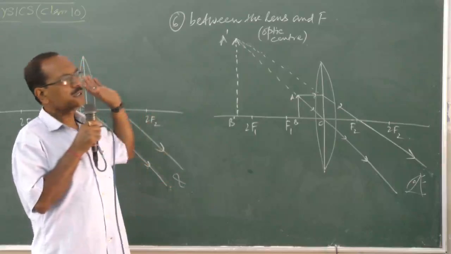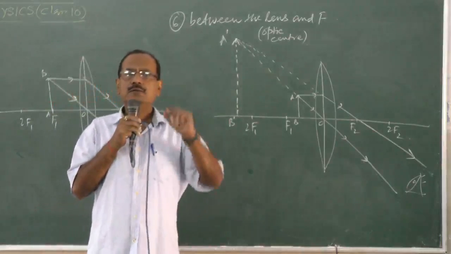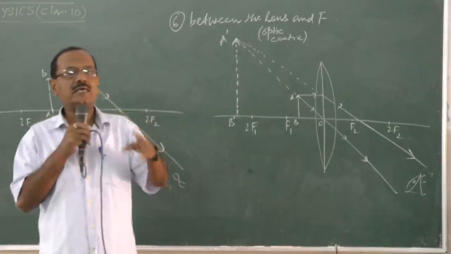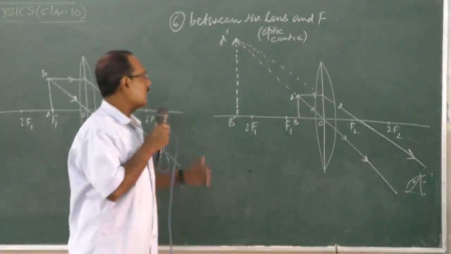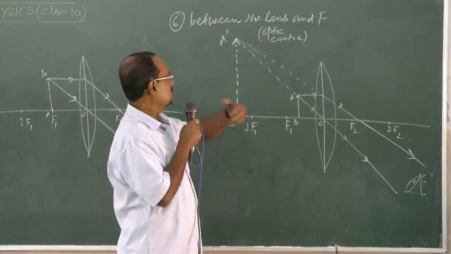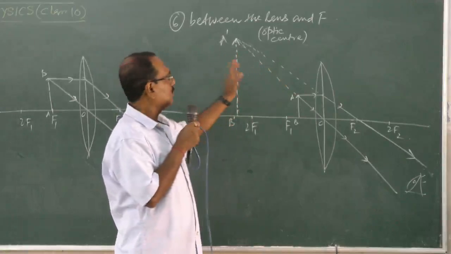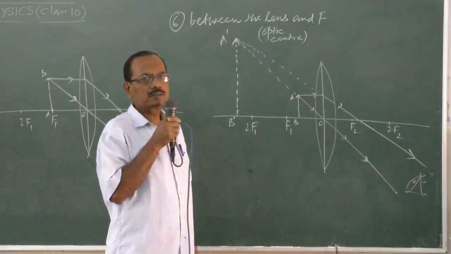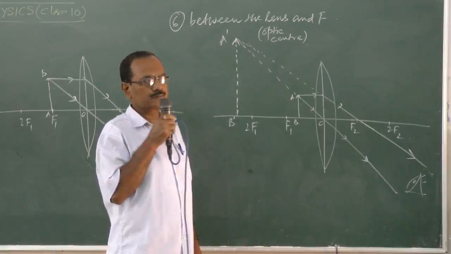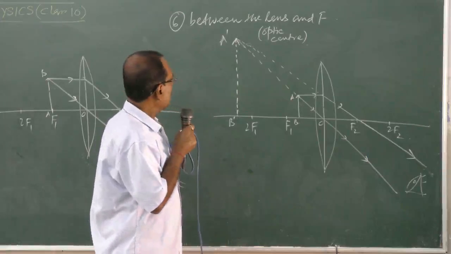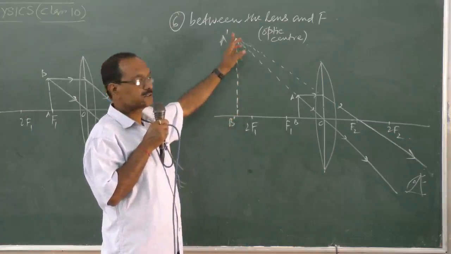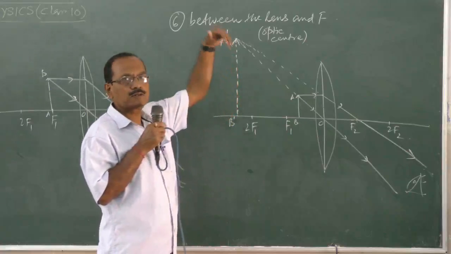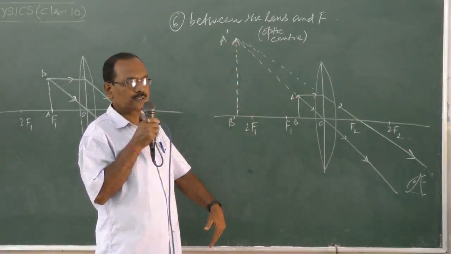So real images and real rays will be marked by continuous line, whereas virtual rays or imaginary images will all be marked by dotted line, broken line. Keep in mind. Now, an arrowhead must be there. The arrowhead shows whether the image is upright or inverted. Keep in mind.